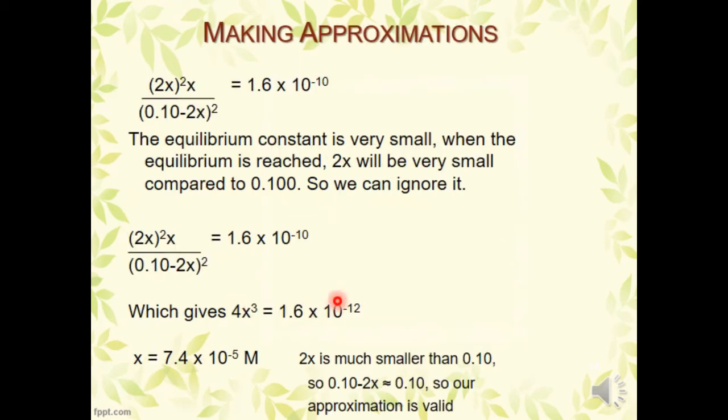So it becomes x cubed equals 1.6 times 10 to the power negative 12. Solving for x gives 7.4 times 10 to the power negative 5 molar. So it's easier to do approximation rather than solving quadratically.